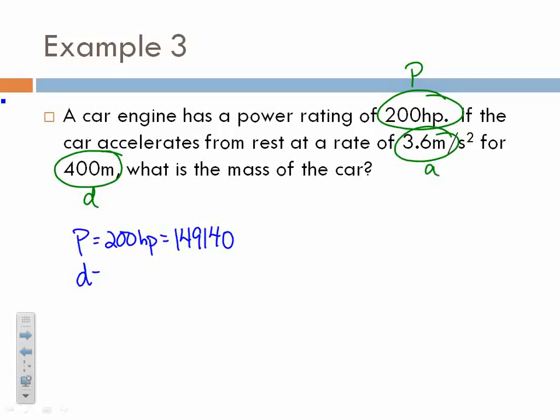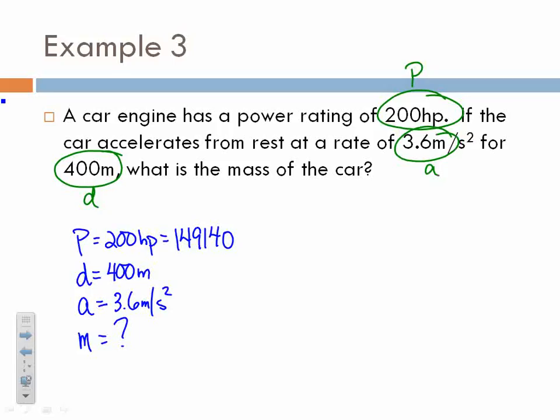I have my distance of 400 meters and my acceleration of 3.6 meters per second squared. And what am I looking for? I'm looking for that mass. That's cool. What am I missing? It seems like everything ought to be pretty good here.